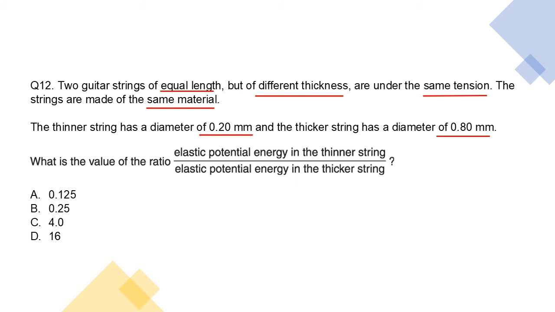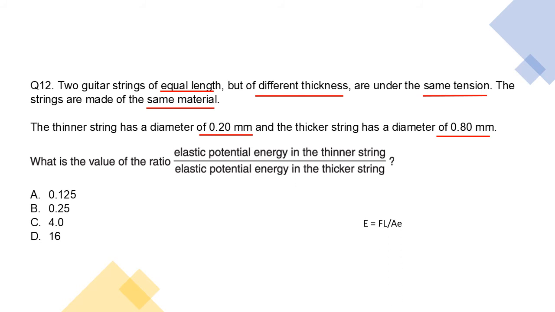But the question tells us that the diameters are different, which means their areas are different, so we need to bring that into the equation. It is the same material, which means the Young modulus is the same, but the areas are different.